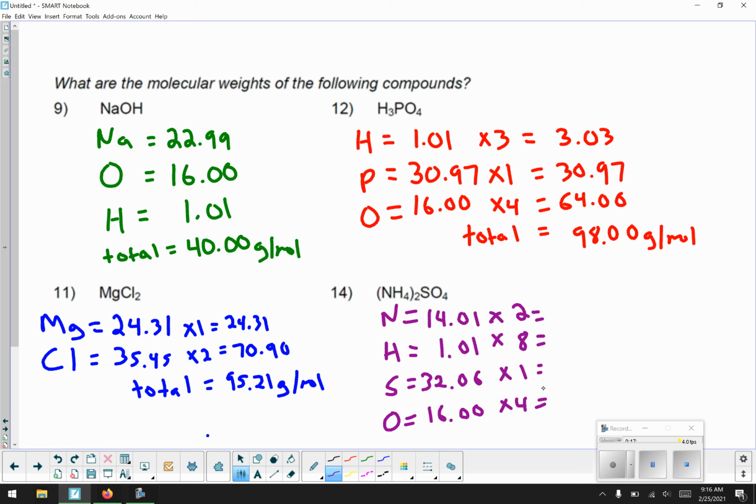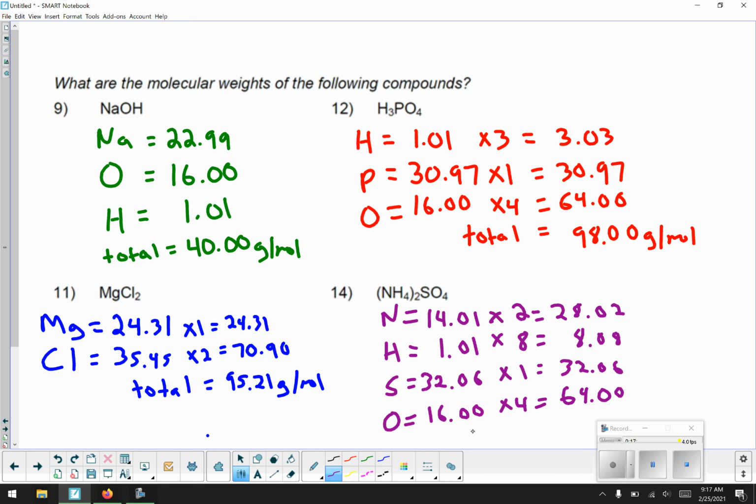And we get 28.02 for the nitrogen, 8.08 for the hydrogen, 32.06 for the sulfur, and finally 64.00 for the oxygen.